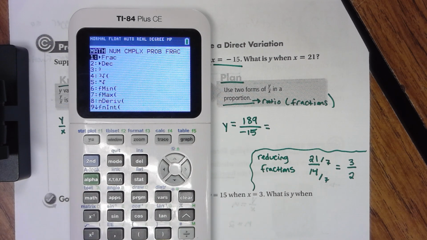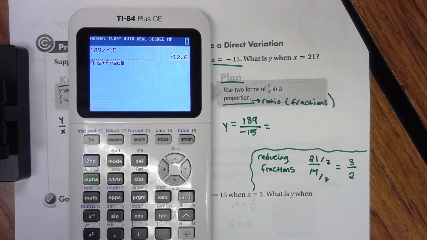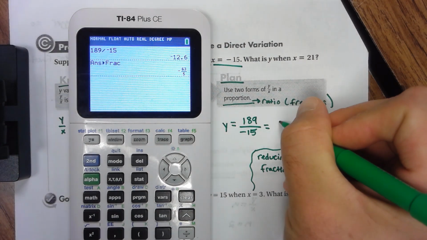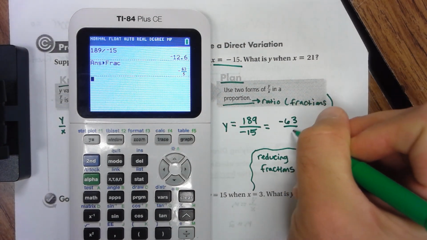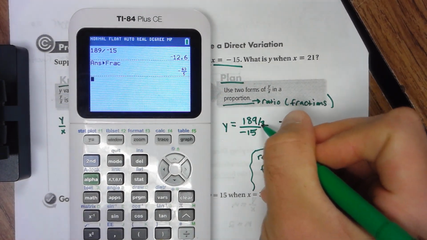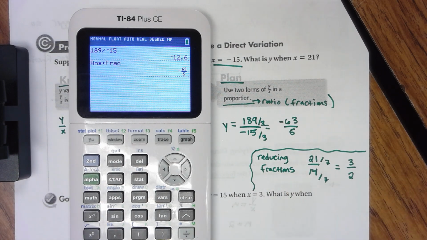When you click that Math button, the very first option is frac, meaning take the previous decimal and convert it to a fraction. So you'll always hear me say press Math, enter, and then enter one more time, and it reduced that fraction down for us, saying that it is negative 63/5. Essentially, we divided the top and the bottom by 3 to get that.